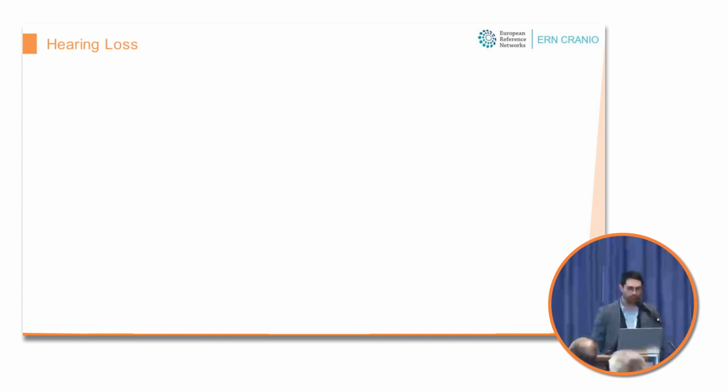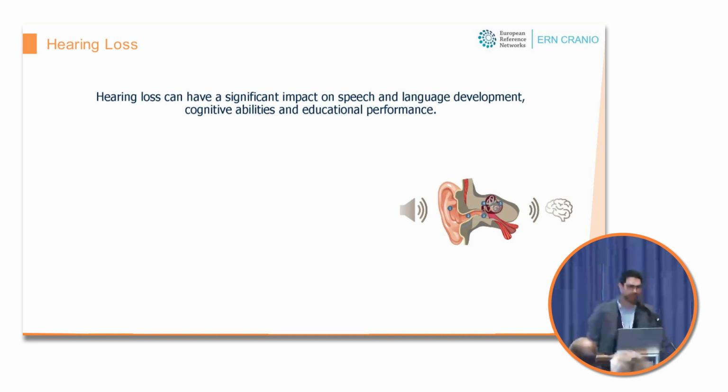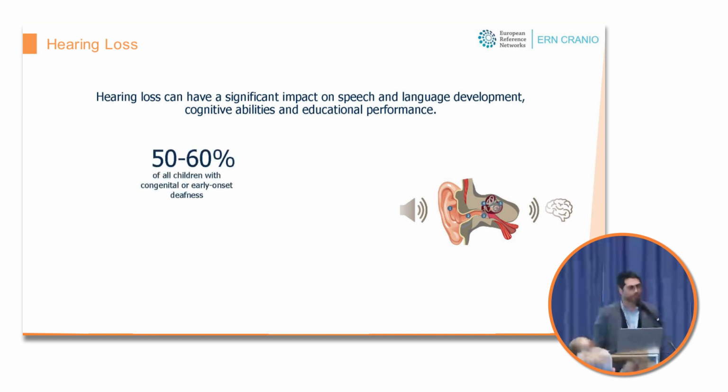And concerning hearing loss, we have to remember that hearing loss is a significant cause of speech and language delay and problems during development in terms also of cognitive abilities and educational performance. And while dealing with hearing loss, 50–60% of the causes of congenital hearing loss are hereditary.